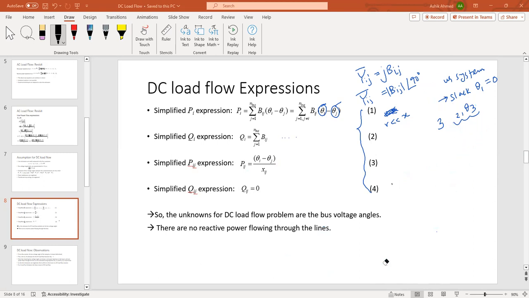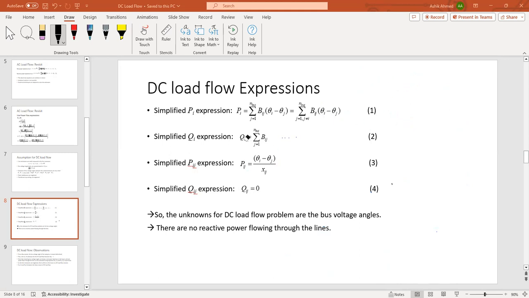These are the things that we require to find with the help of DC load flow. Because reactive power flow through the line is 0, and reactive power injection can be found from the entries of the Y bus matrix. So the unknowns are the thetas.